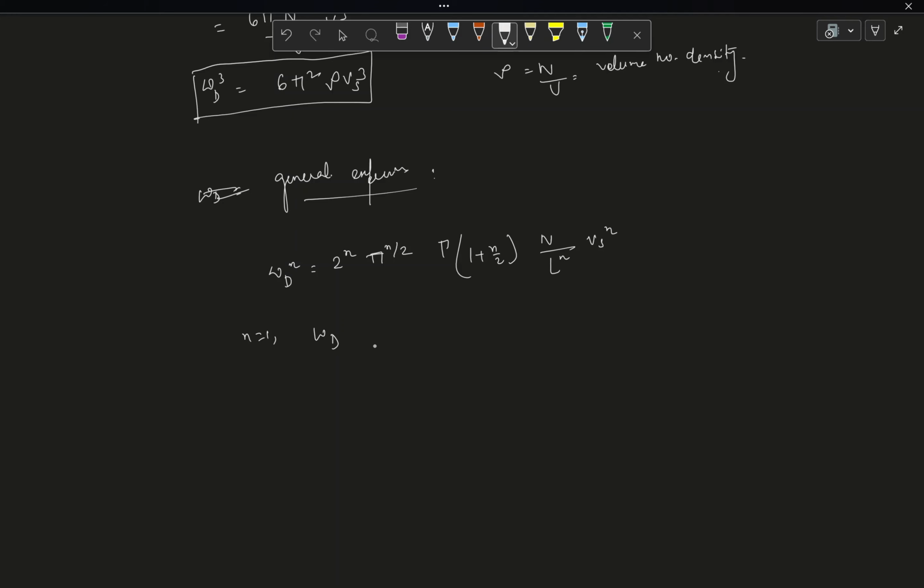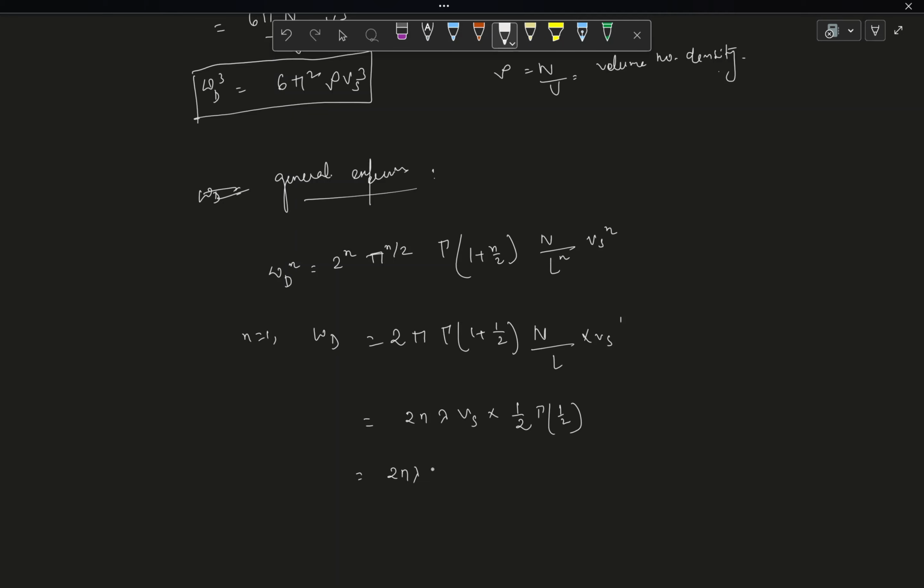So then omega d to the power n is 2, pi to the power n by 2 is 1 by 2, gamma 1 plus half, n by L to the power 1 into Vs to the power 1. So this is just 2 pi by lambda Vs, gamma n plus 1 equal to n gamma n. So this is half gamma half.